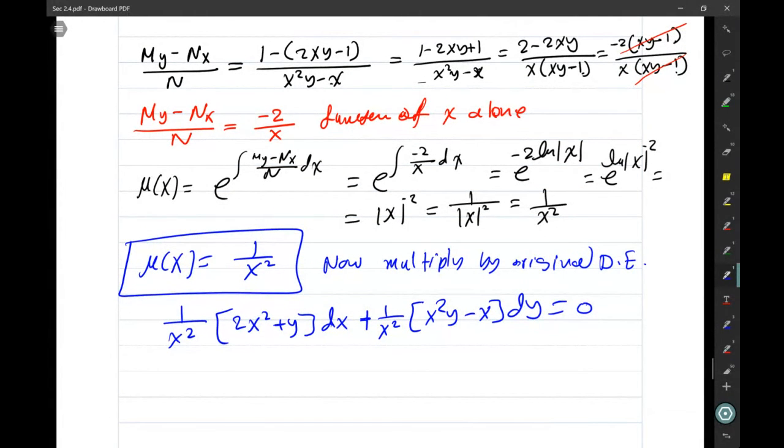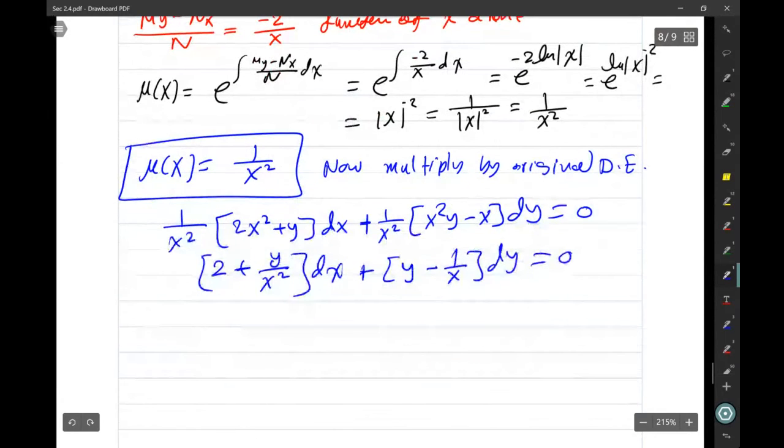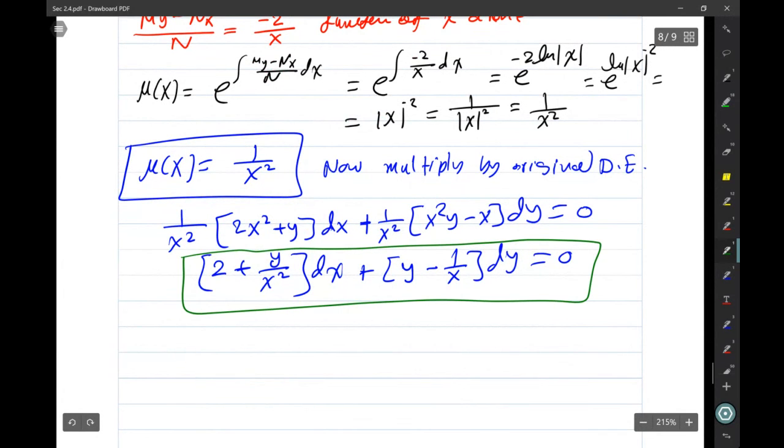Now your new equation becomes, when you multiply, (2 plus y over x squared) dx plus (y minus 1 over x) dy equals 0. Now check this new equation, is it exact or not?